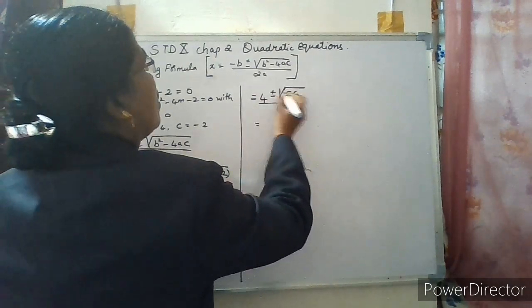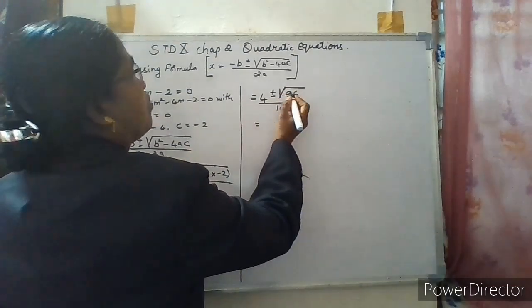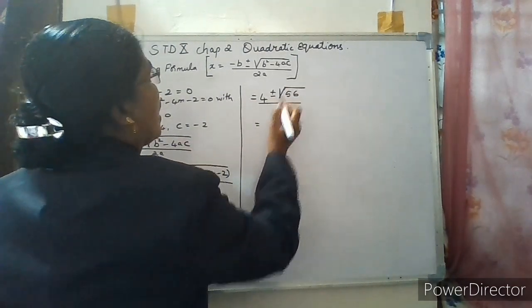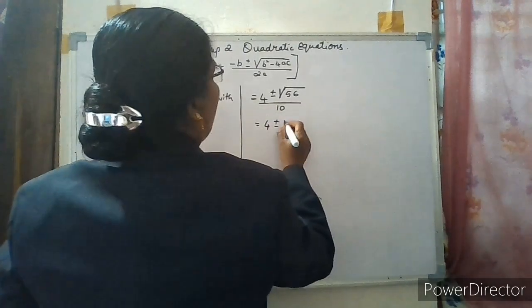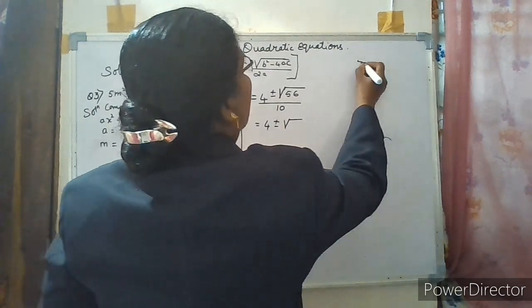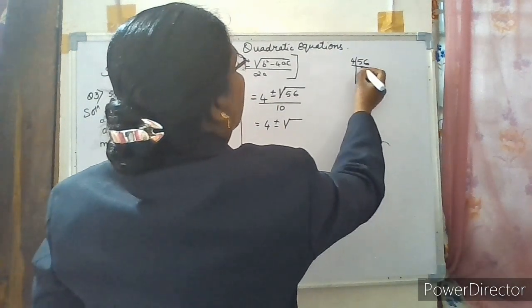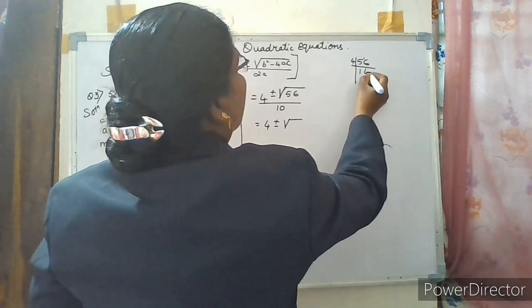Now, you have learned in 9th standard about surds, to bring it in the simplest form. So, bring this under root in the simplest form. 4 plus or minus. Now it will be under root in this form. 56. You can divide it by 4. 4 and the 4 carry 1. 4 4s are 16.